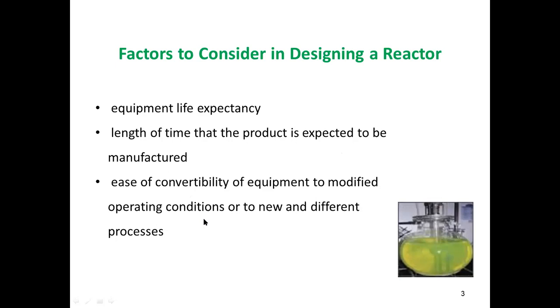So in that case, your reactor can be initially jacketed, but if your reaction does not need, this is an example, does not need for it to have a coolant or a heating fluid, then there's no need for any fluid in the jacket of your reactor. But once there's a need already, then have a coolant or a heating fluid in that particular jacket for your reactor. So that refers to the convertibility of the equipment to modified operating conditions or to new and different processes.